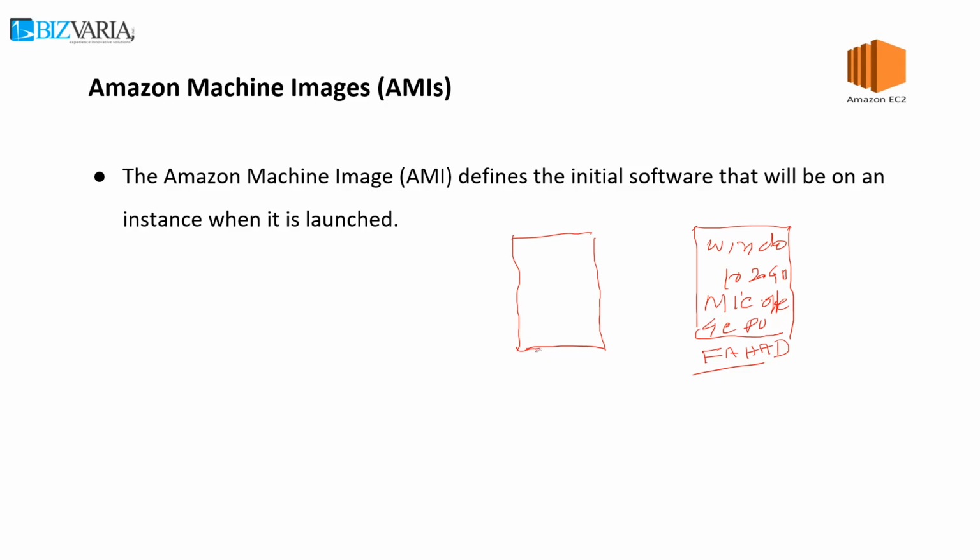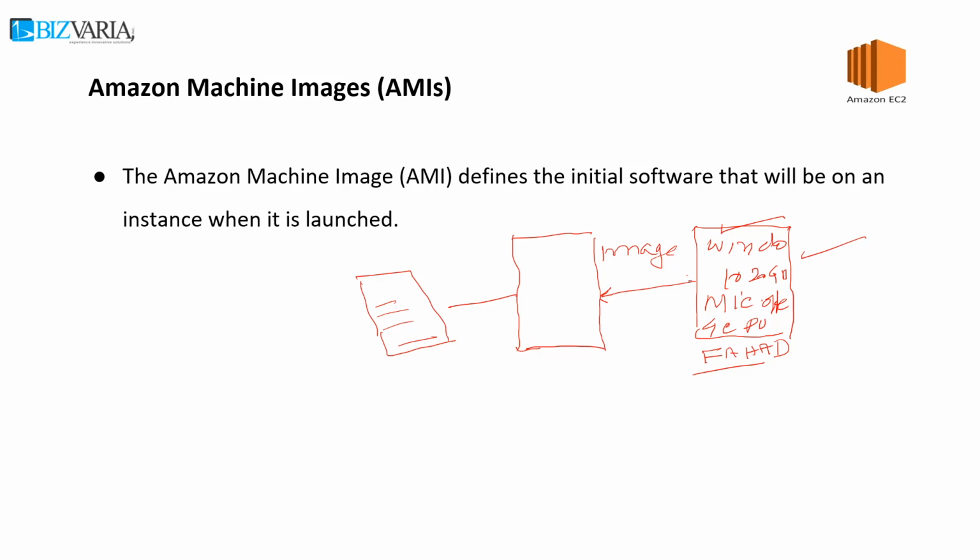So this is what image means. Everything you have on this machine, if I make a copy of it, and from that copy I launch my own separate instance, it has everything that Fahad's server has. In order to do this, I have to make a copy, which in computer terminology is called an image. I take the image just like a selfie.